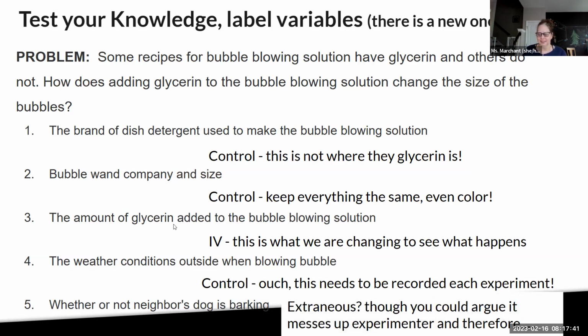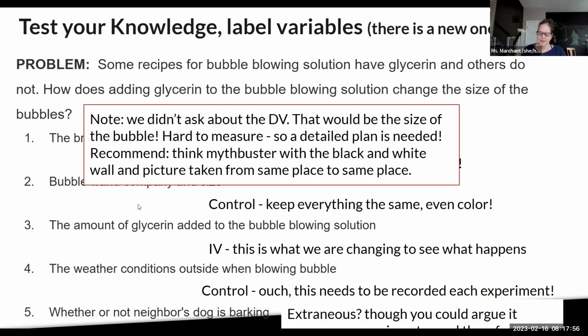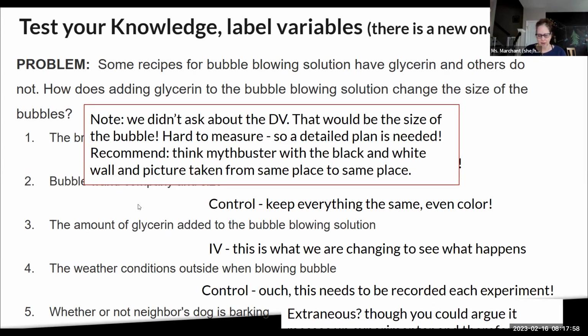And it is your choice if you decide that is something that does not need to be recorded, but there has definitely been some information from my students that it is important. Okay, now in this one, I didn't have you label the DV. That's okay. That's so that you could just make sure that you're answering the specific question. Don't just go, well, this number 5 has to be the DV. It doesn't always work that way when you're doing those items.